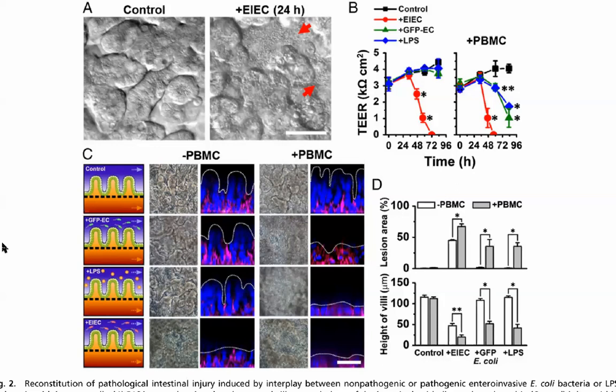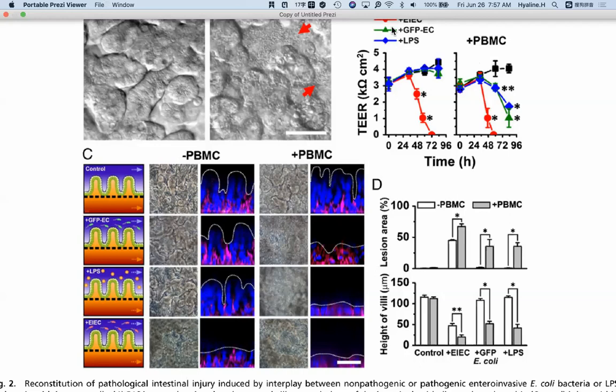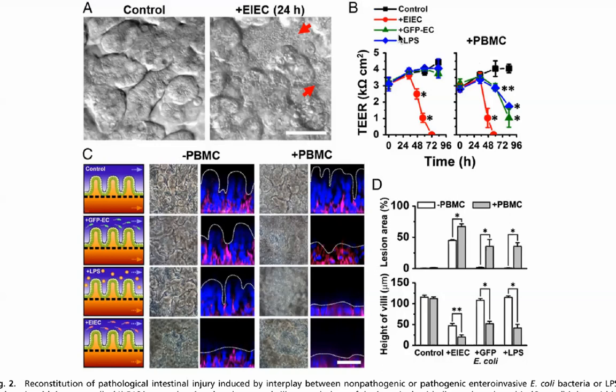So they used a non-pathogenic bacteria, here the GFP-EC, meaning the GFP-labeled E. coli, and the non-commensal microbe, meaning the bad bacteria, is the EIEC. The EIEC means the enteroinvasive E. coli, which is a kind of bacteria that could cause very serious diarrhea.